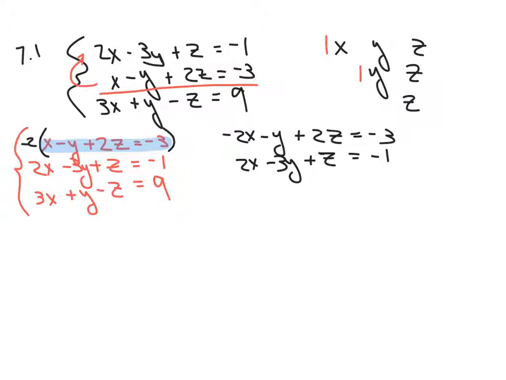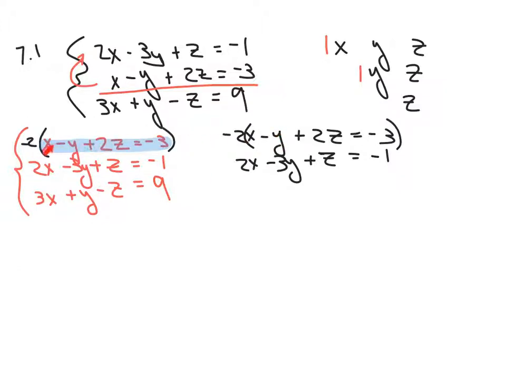So no matter what we do to it, like here, we're multiplying everything eventually by negative 2. Let me go ahead and put my parentheses here. Even though I'm multiplying this by negative 2, this is locked. This will not change. We're going to use it to work with this one and this one.